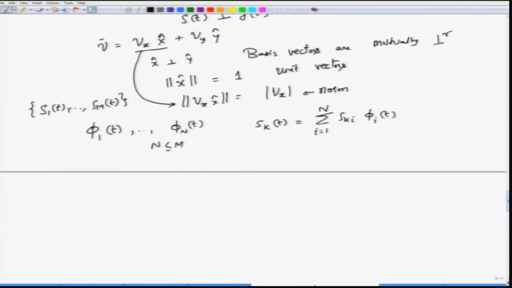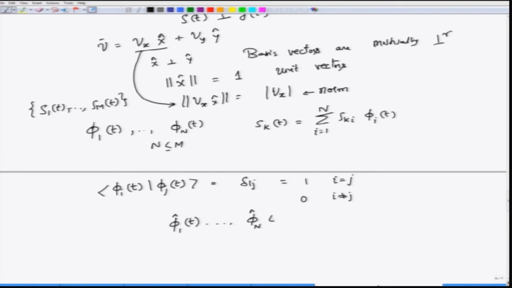Further, if I choose these basis functions in such a way that if I take two basis functions and find their inner product, this inner product is equal to 1 in case they happen to be the same, or equal to 0 when these two basis functions are different, then what I obtain is a set of orthonormal basis functions. These are called orthonormal basis functions.